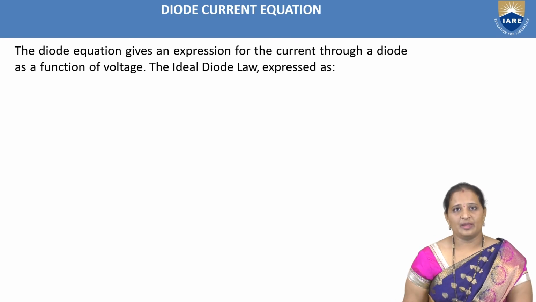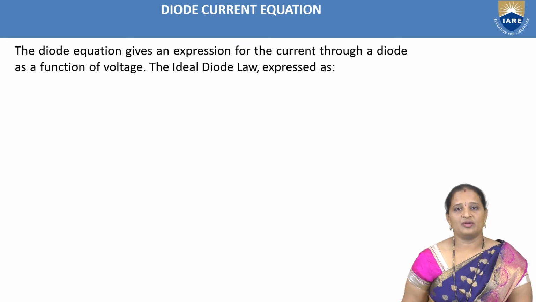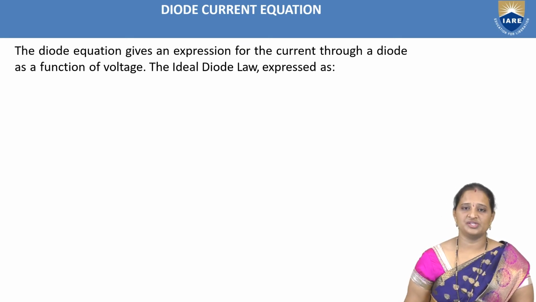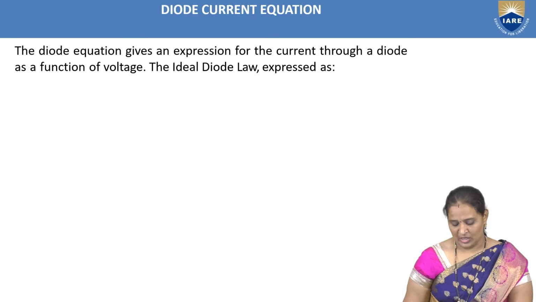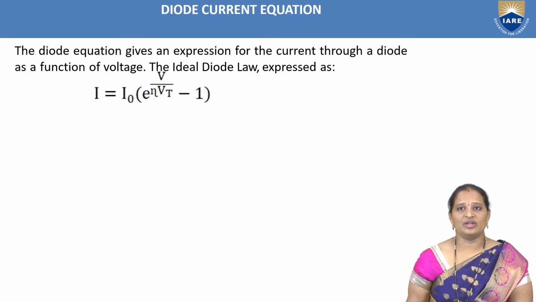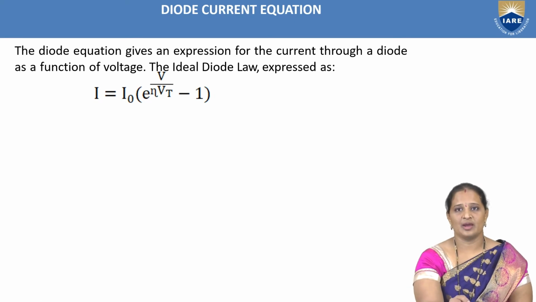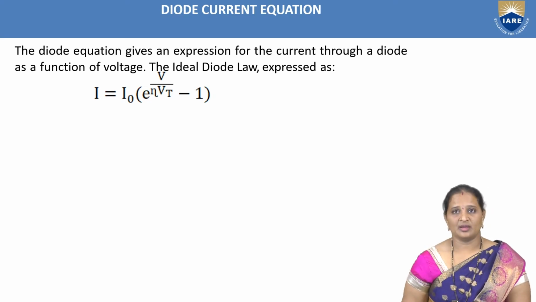The diode equation gives an expression for the current through a diode as a function of the voltage applied. The ideal diode equation is expressed as I = I0 (e^(V/ηVt) − 1).